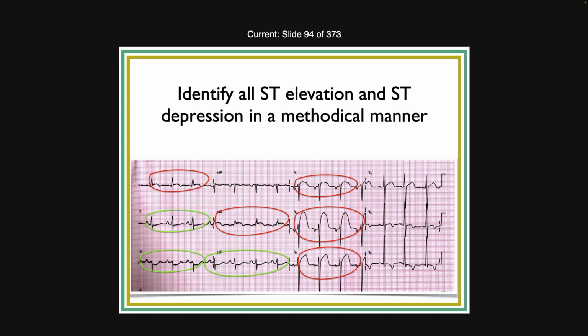And so you come up with a picture of your ST elevation and depression, and try to do that without putting it together at that point. Just the facts. What do you see?